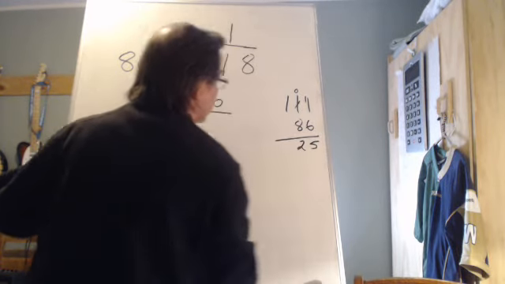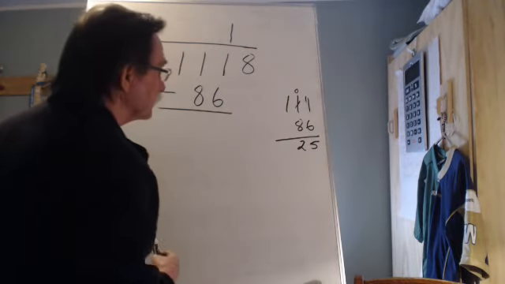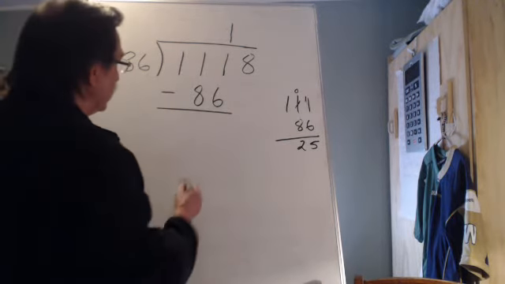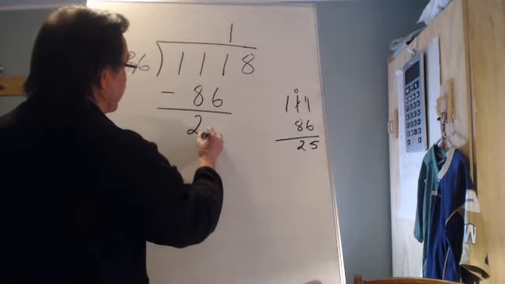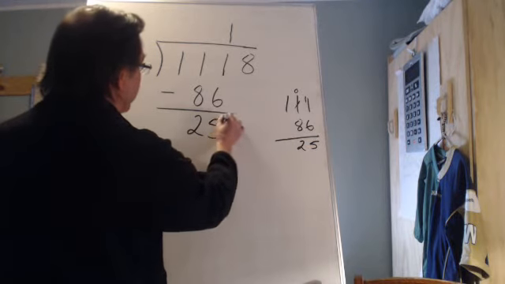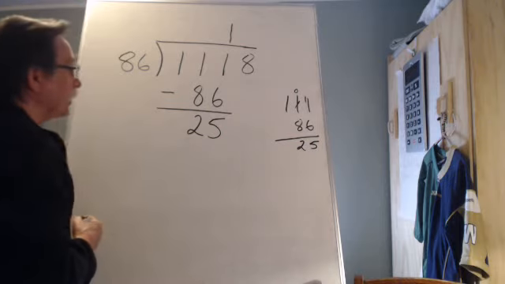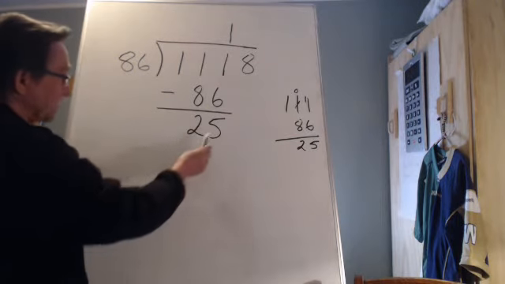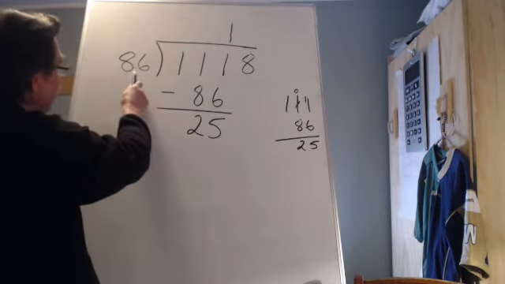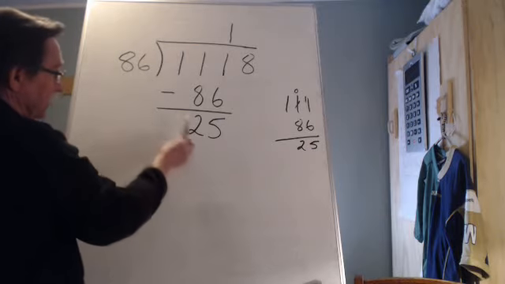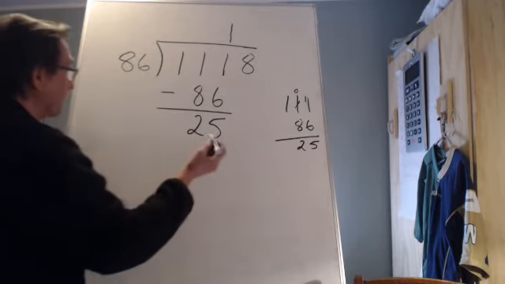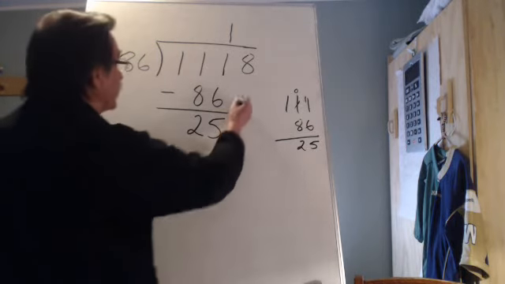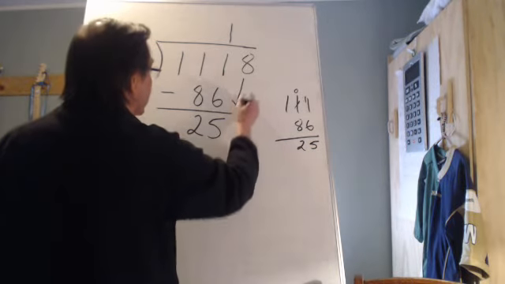Oh my goodness. 25. Is this 25 smaller than the 86 like I told you before? This number always has to be smaller than that one, and it is. Okay, well, it looks pretty scary, but let's keep going, okay?